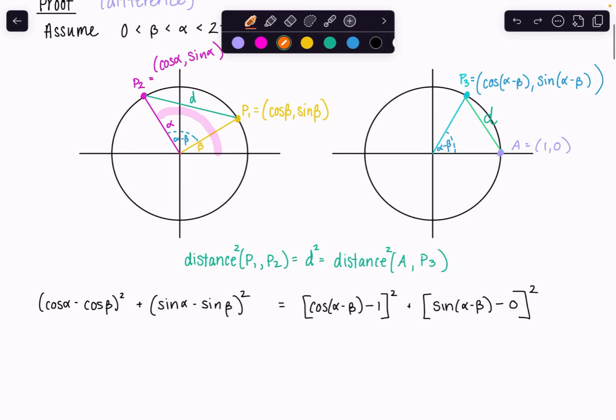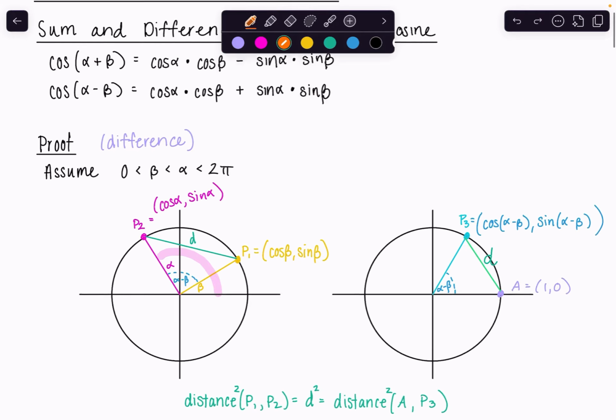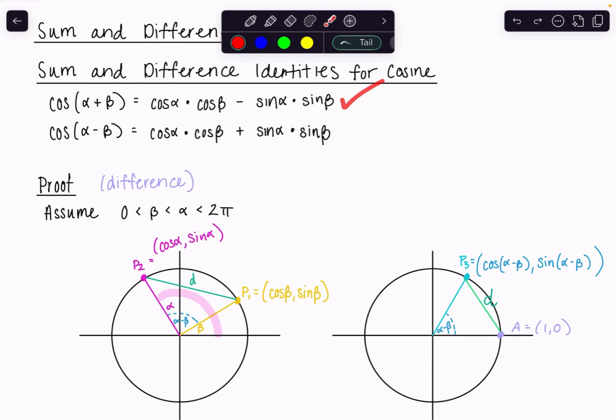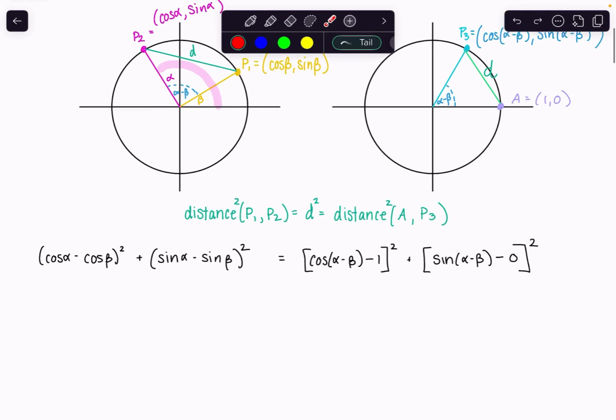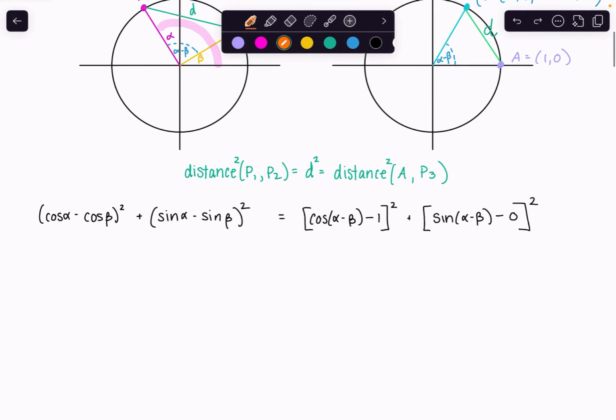Now from here, I'm just going to do a lot of manipulation and eventually get to this formula here. Okay. So unfortunately, I do need to square all of this out, but thankfully at least it's not too terrible. So cosine alpha minus cosine of beta squared will give us cosine squared of alpha minus 2 times their product, so cosine of alpha, cosine of beta, and then plus cosine squared of beta.